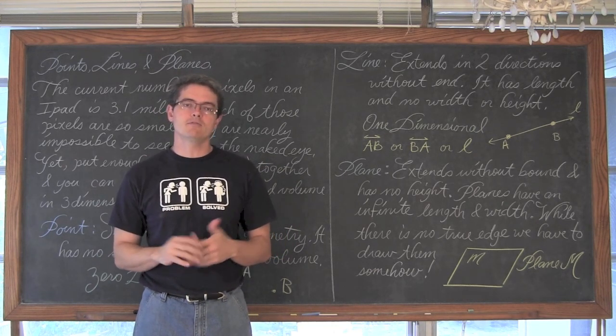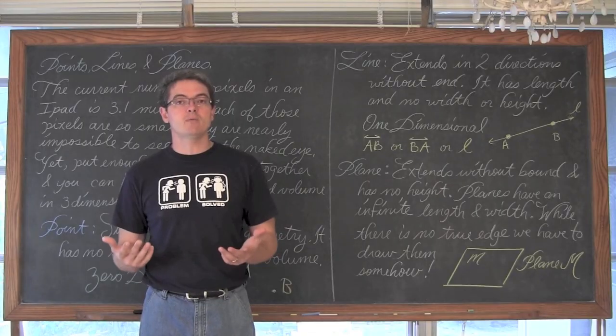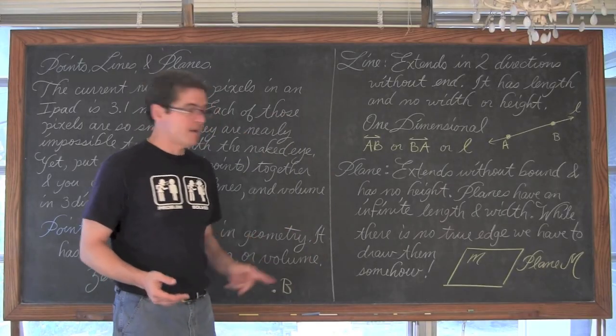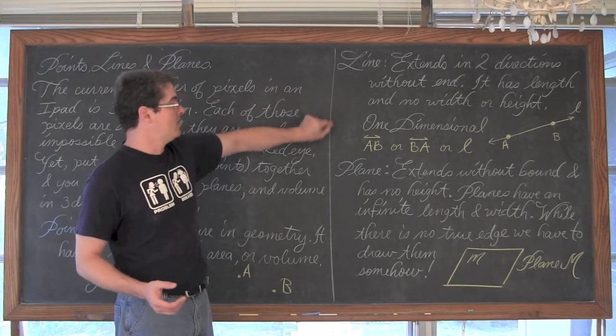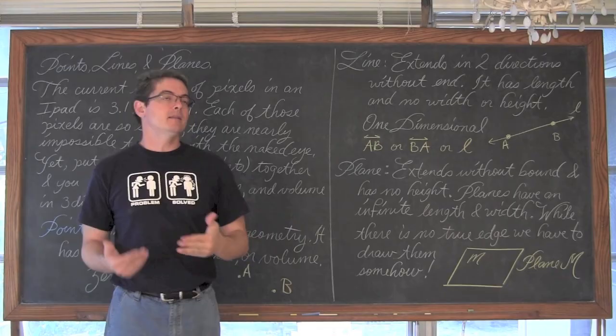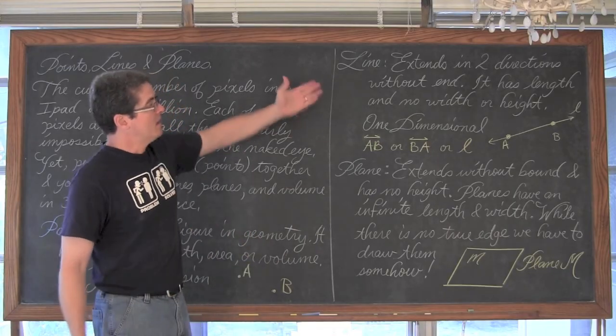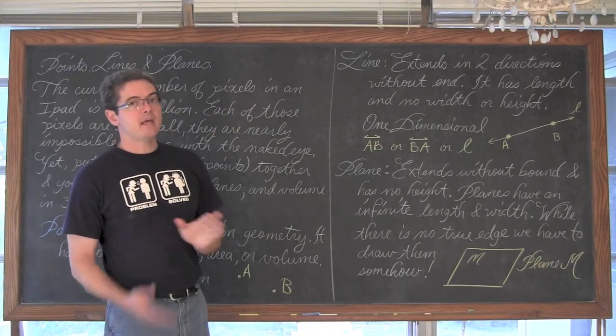You might be watching me on an iPad right now, and there's a line made up of tens of thousands of these tiny, almost invisible dots, but line up enough of them and they start forming a line. These lines extend in two directions without end.